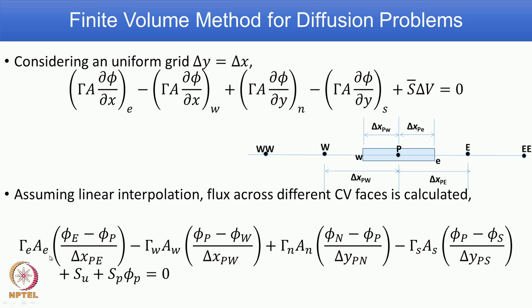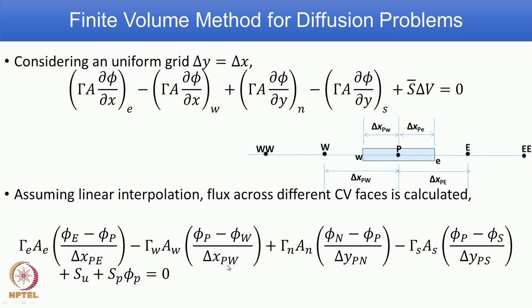So, gamma e A e, phi at east node minus phi at P node, divided by delta x PE, minus gamma w A w, phi at P minus phi at W, divided by delta x PW, the distance between node of interest P and west node.